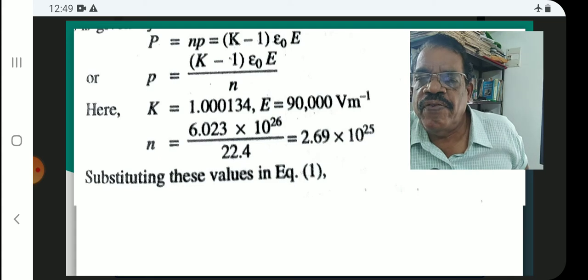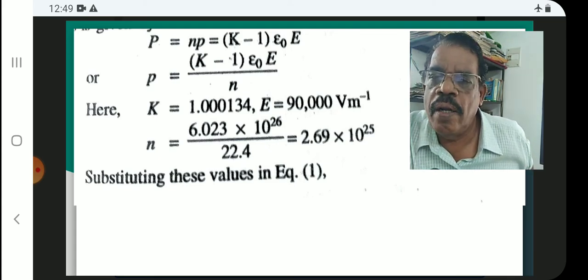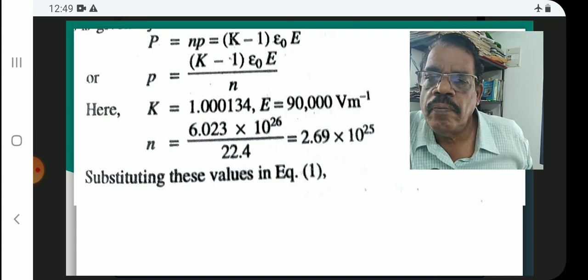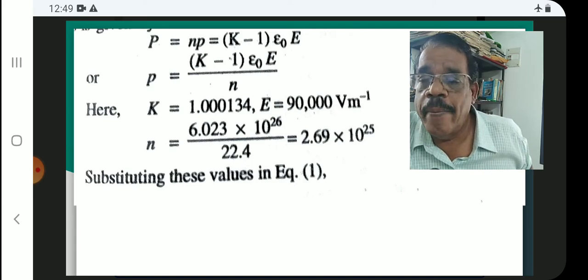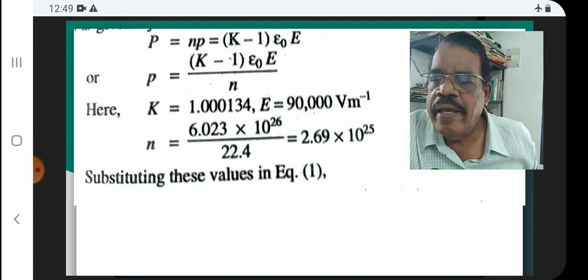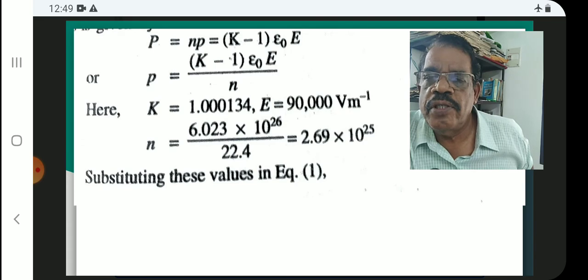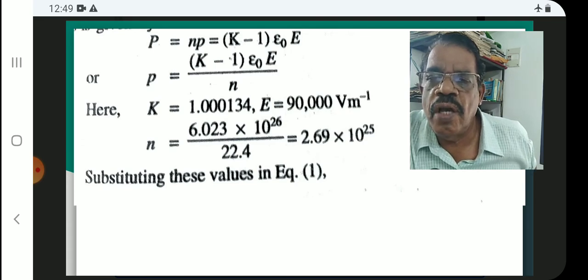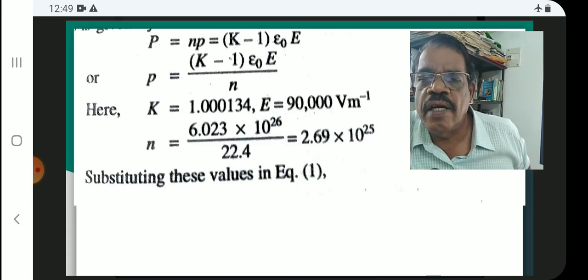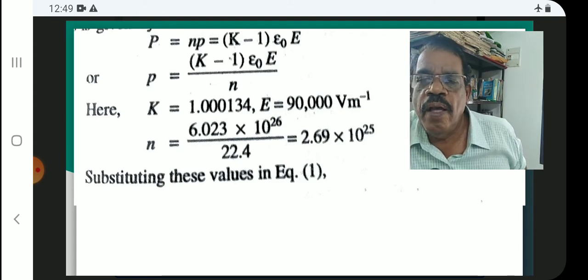That is the number of atoms per unit mole. I repeat, small n is the number of atoms in unit volume. 6.023 into 10 raised to 26 is the number of atoms in molar volume.